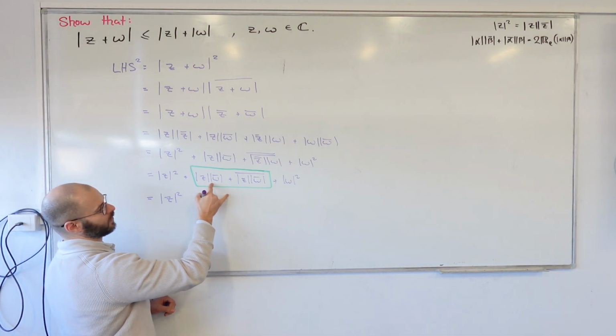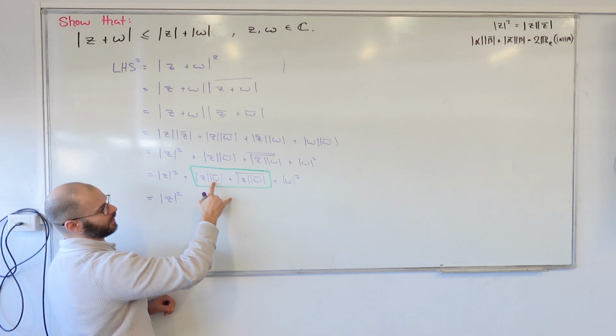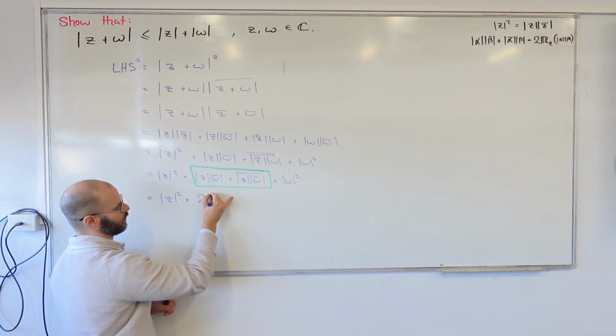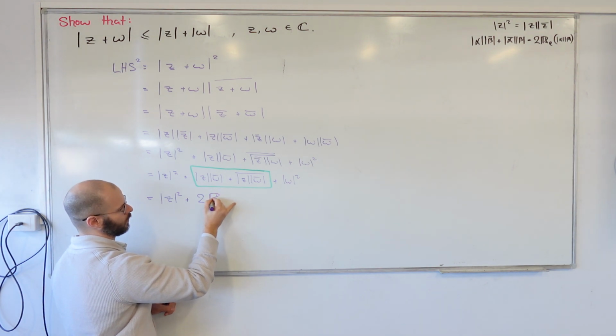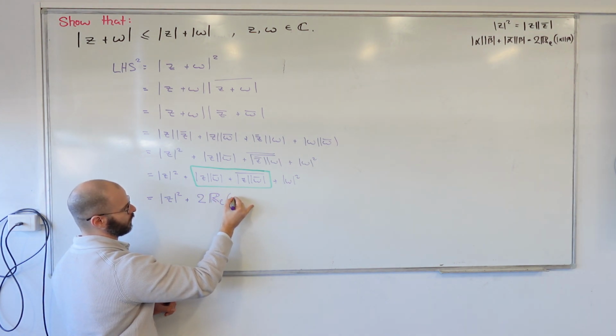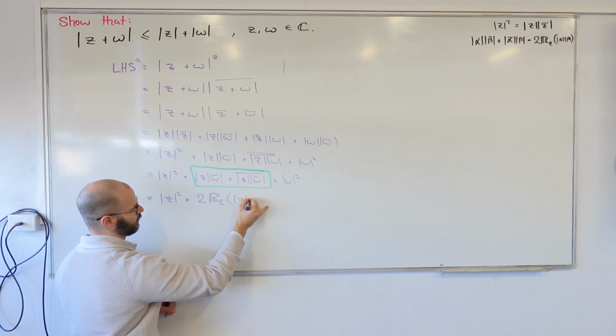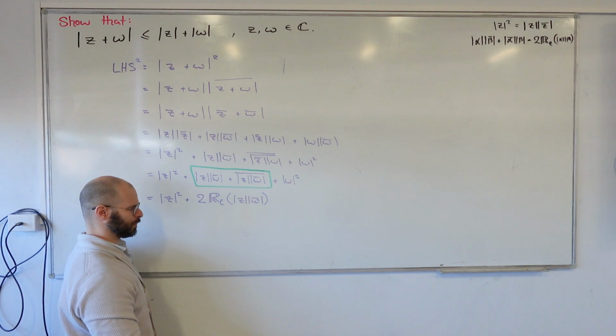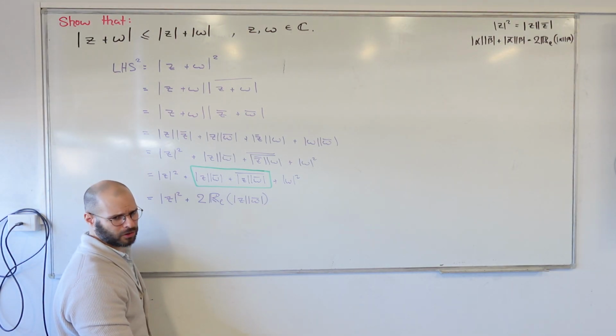Okay, next step, we're going to apply the second identity where this is simply going to be two lots of the real component of Z omega bar. But it doesn't matter if it's omega or omega bar.